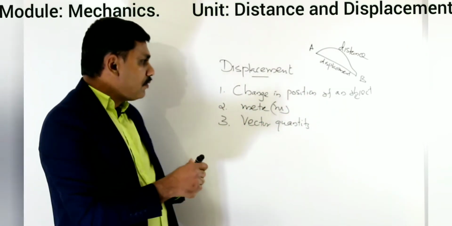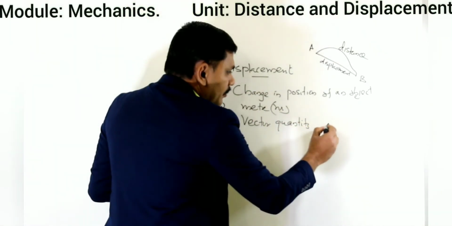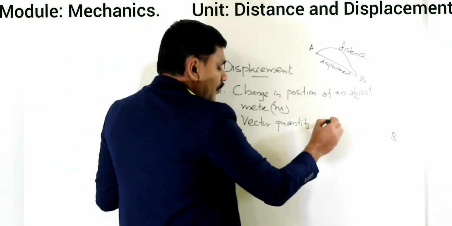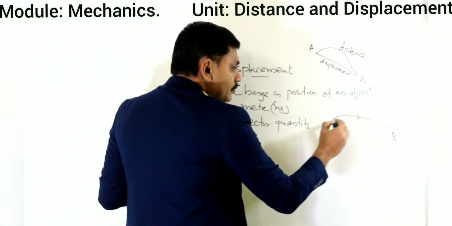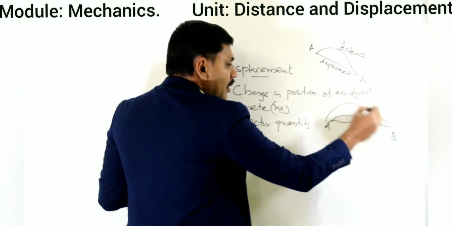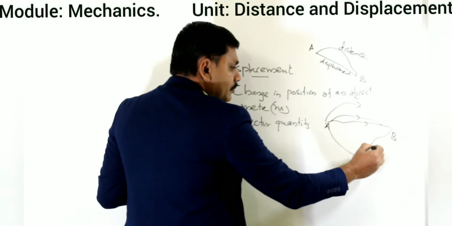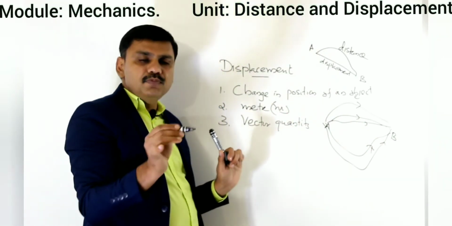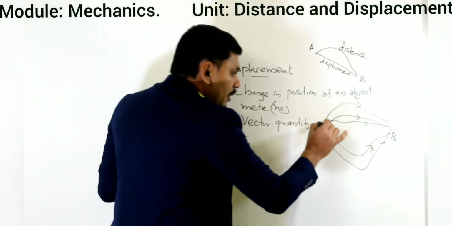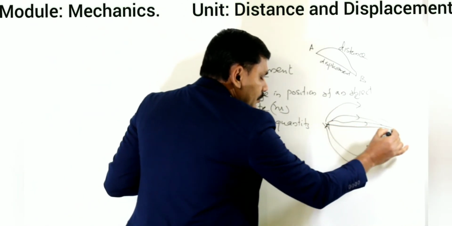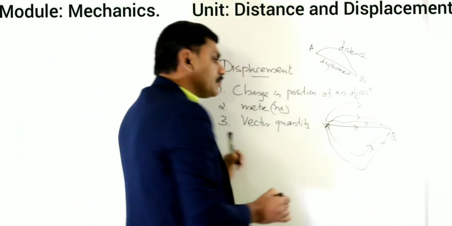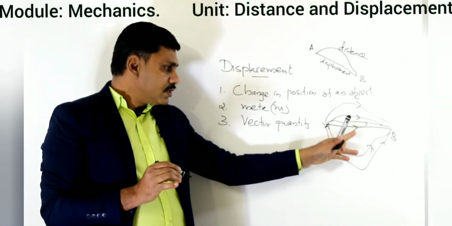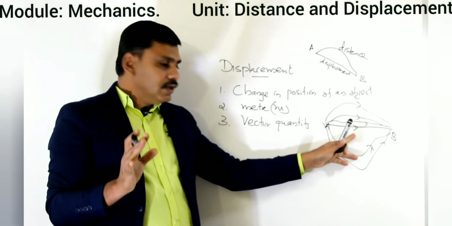It has a direction. For example, this is A, this is B. You can reach B from A in different ways. But in order to reach B, there should be a straight path, and that shortest straight path gives the displacement.